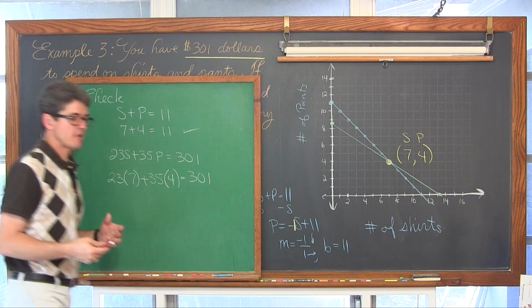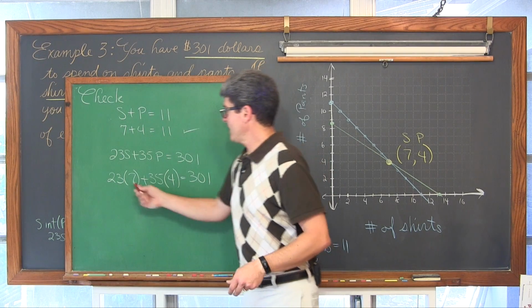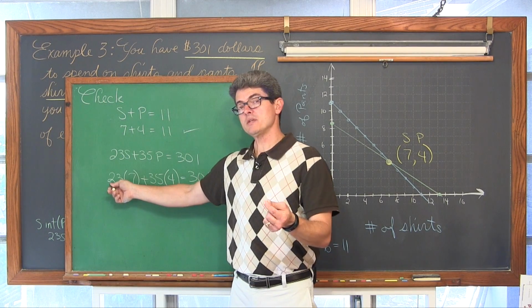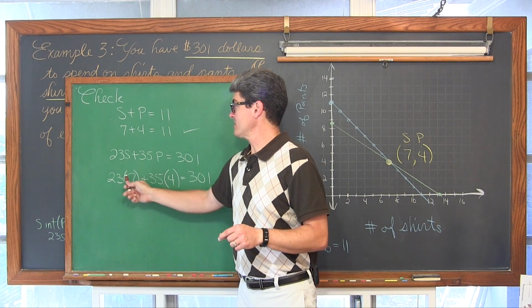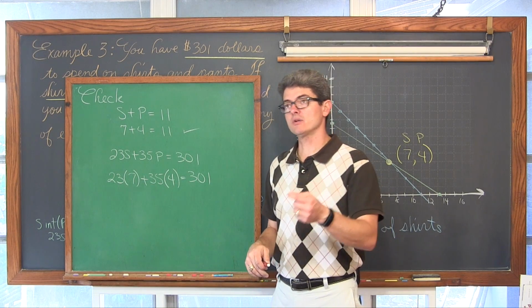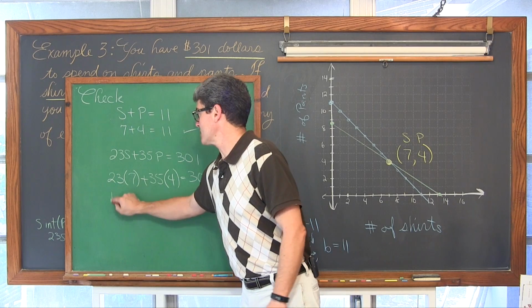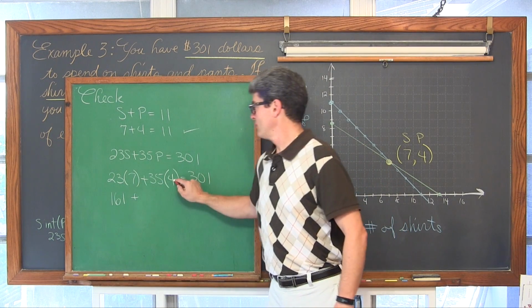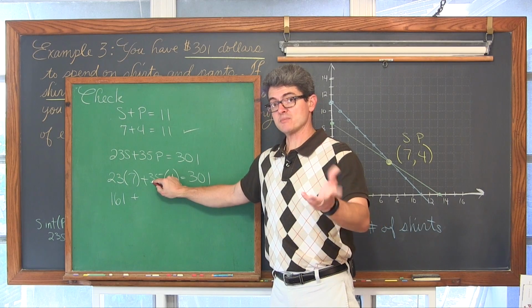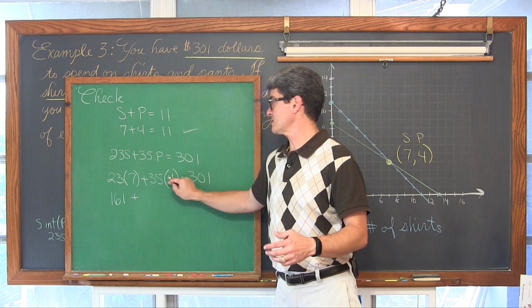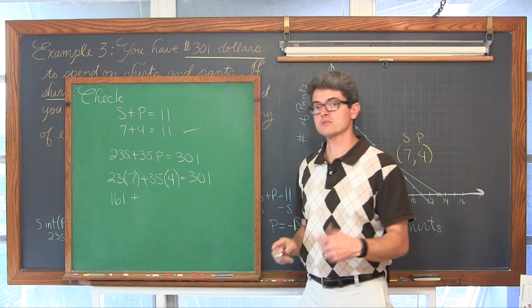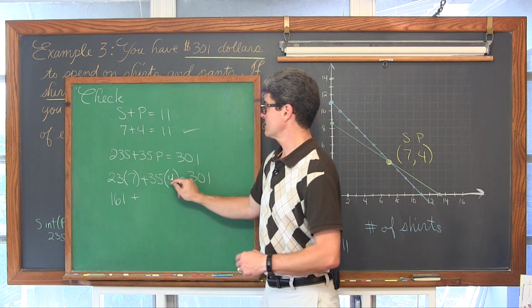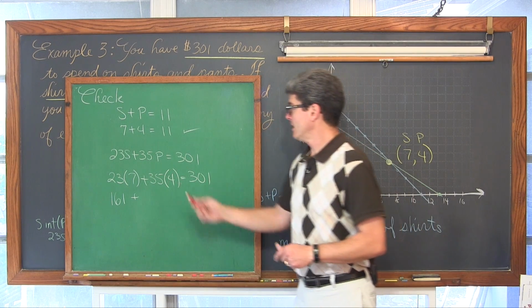Now, doing this math without a calculator, we have 7 times 20 is 140, and 7 times 3 is 21. Well, 140 and 21 is 161. We also have 30, that's the tens place. That's why I'm saying 30, not 3. 30 times 4, well, 3 times 4 is 12, so 30 times 4 is 120.